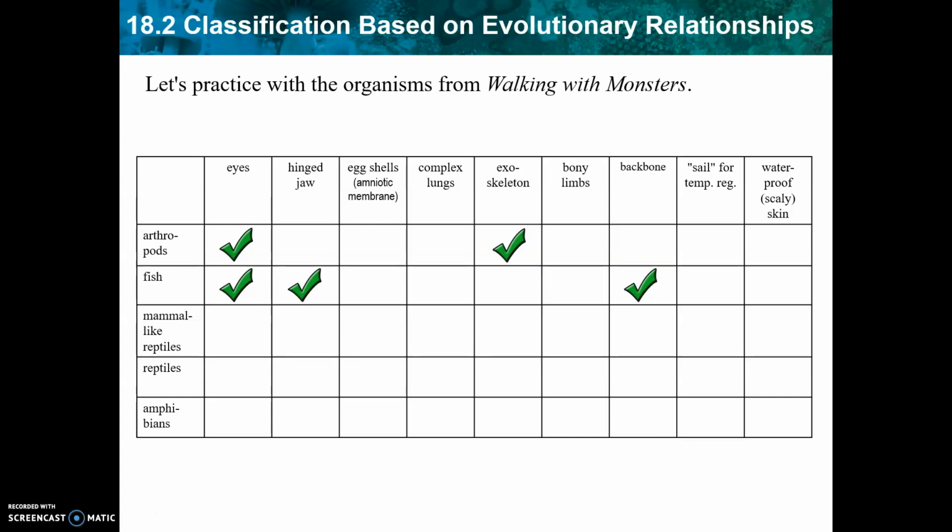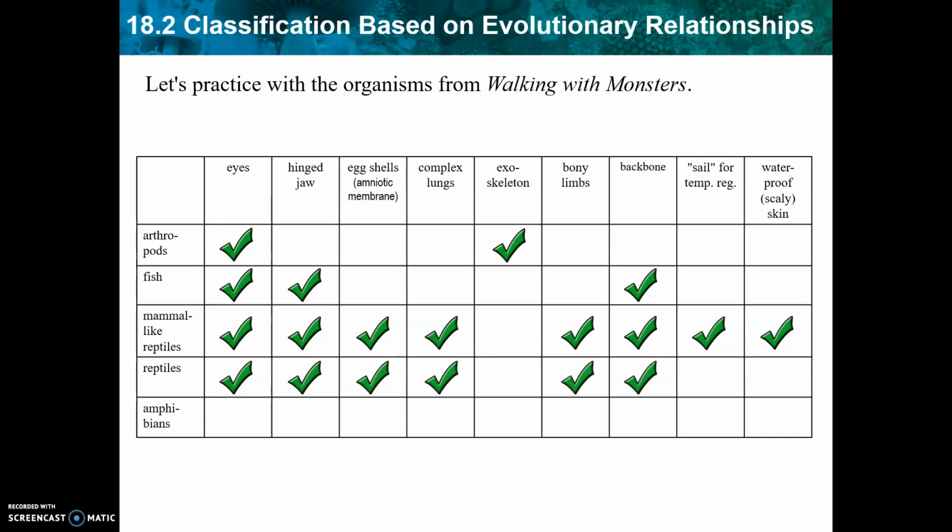Now if we look at the mammal-like reptiles, we're going to see that they have a lot of these traits. They have every single trait except the exoskeleton. Reptiles, again, are going to have a lot of these traits. They don't have that sail, right? That was just for the mammal-like reptiles, so we're going to skip that one. But as reptiles, they do have that waterproof skin.